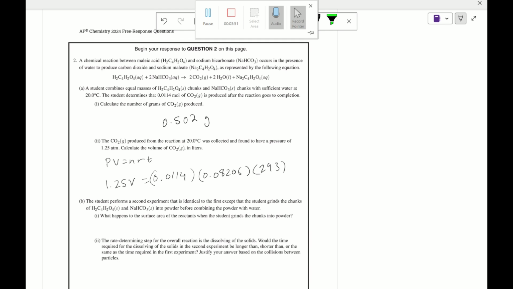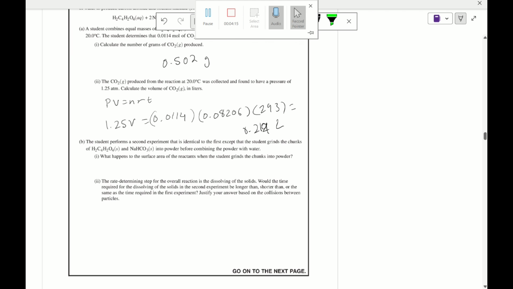So to get volume, you do 0.0114 times 0.08206 times 293 divided by 1.25, and that would give you 0.22 liters. Or sorry, 0.119 liters for sig figs.